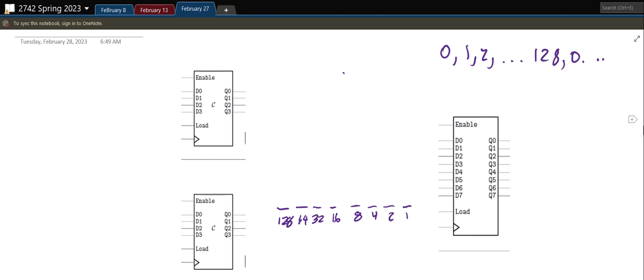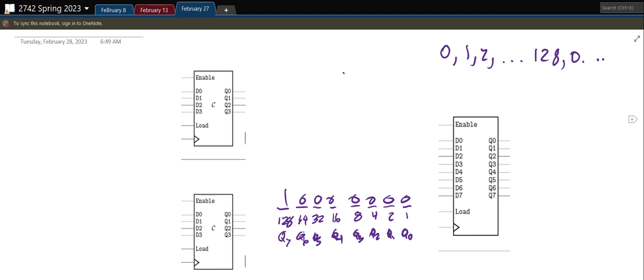if we're looking at our 8-bit counter here, that's Q7, Q6, Q5, Q4, Q3, Q2, Q1, Q0. So 128 looks like that. 128 is when Q7 is 1. And you're not going to get Q7 being 1 at any time before you get to 128.